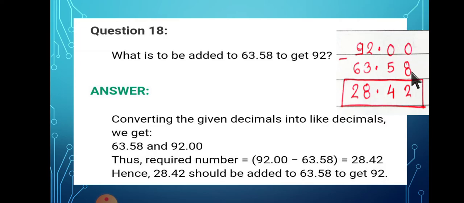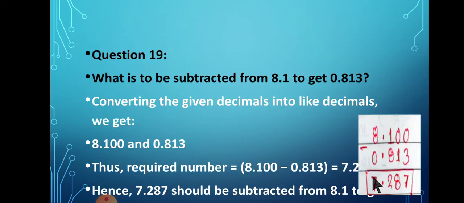So 10 minus 8 is 2, 9 minus 5 is 4, 11 minus 3 is 8, and 8 minus 6 is 2. So how many do we add to 63.58? Thus the required number is 28.42. Hence 28.42 should be added to 63.58 to get 92. Let's see the next question.